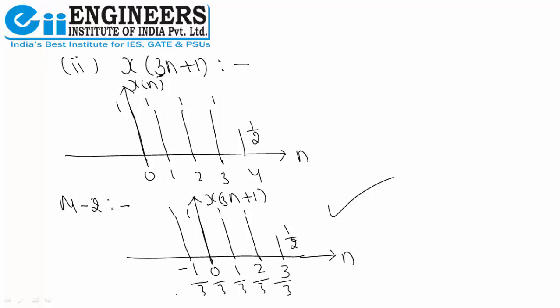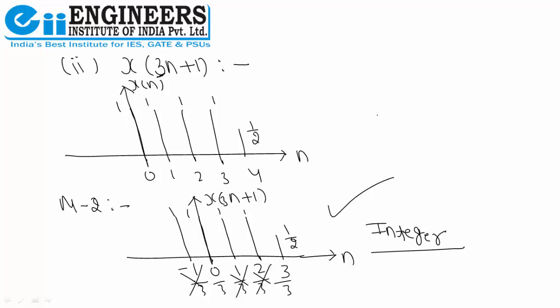The operation is correct, but remember the first lecture, I told you that a discrete time signal is defined only for integer values of time, not for fractional values of time. So here n should be an integer. -1 by 3 is not an integer, 1 by 3 is not an integer, 2 by 3 is not an integer.